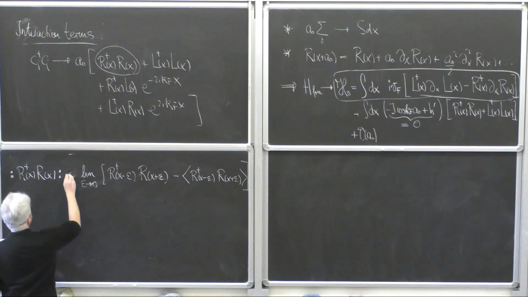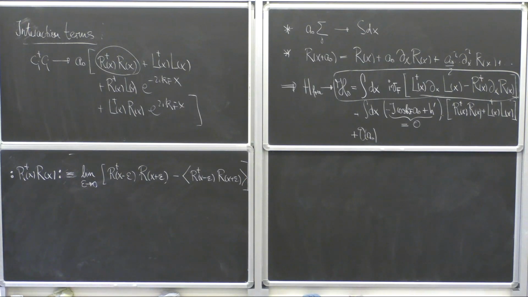That's how we define this object. When we write the naive expression right dagger of x, right of x, we have to understand it in terms of this object here, which is now well defined.